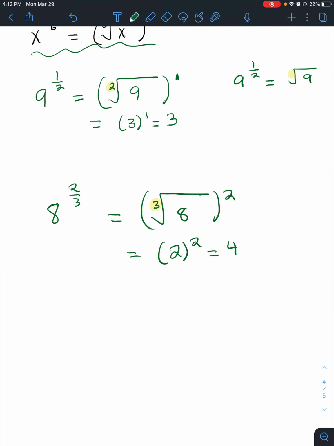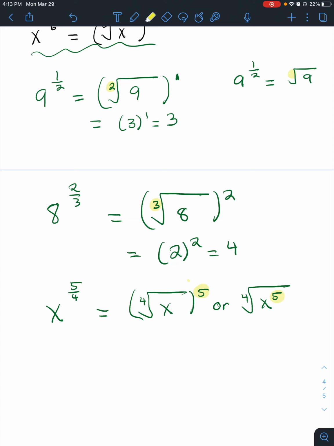So what do I do if I just give you a variable as a base and you have a rational exponent? Well, you just do x, 4 to the power of 5, or what I didn't write was that this is equivalent to this. So having this out here and having this in here will give you the same result.